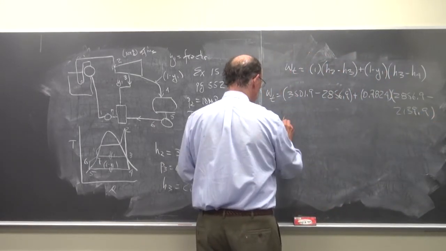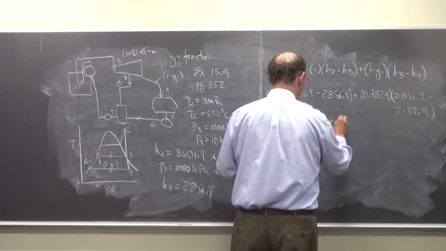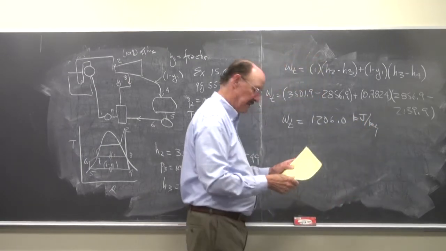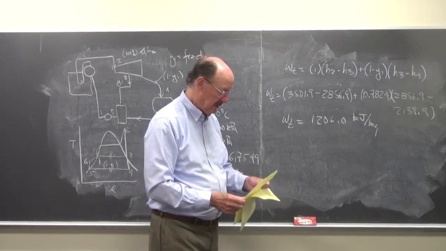And so we have that WT is equal to 1206.0 kilojoules per kilogram. So I can find the turbine work, and then we go around and find the other energy terms as well.